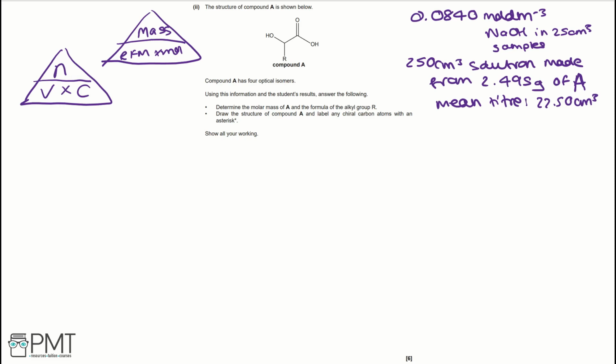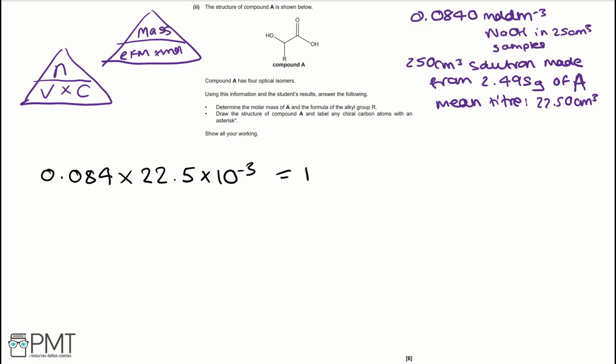So if we start by taking the concentration of NaOH, 0.084, and multiplying this by the mean titer of 22.5 times 10 to the negative 3, because we want it in decimeters cubed. Centimeters into decimeters cubed, you need to times the centimeters cubed by 10 to the negative 3, or divide by 1,000.